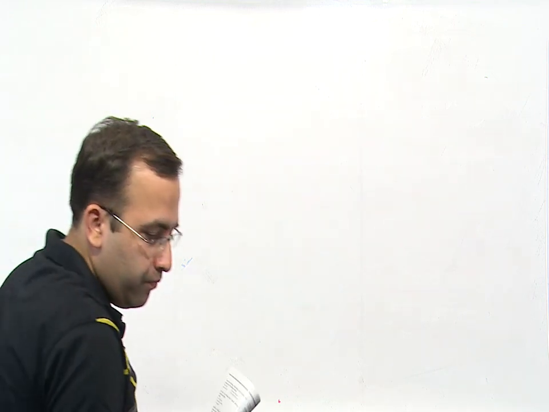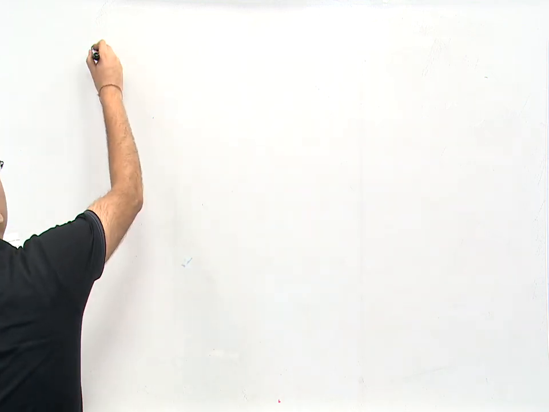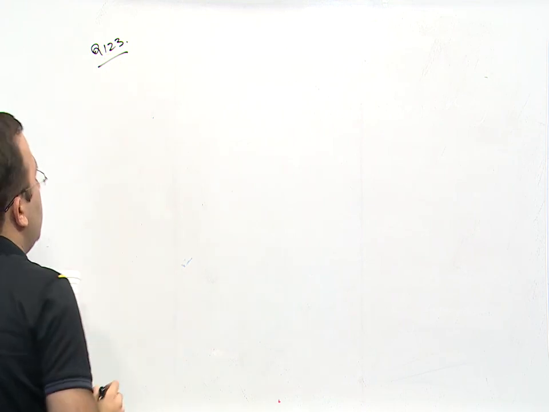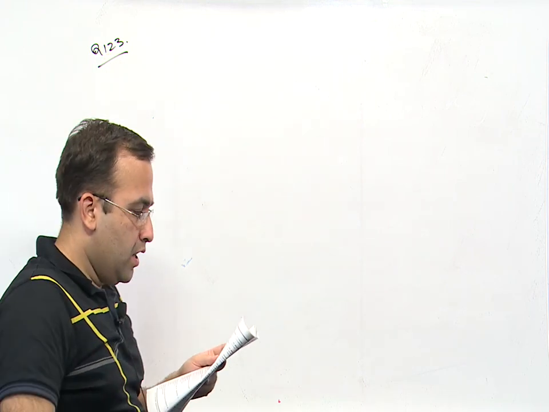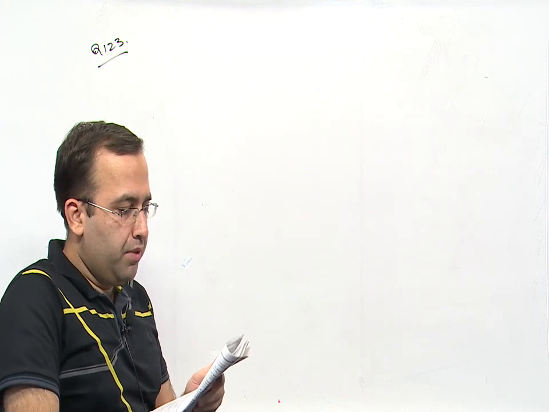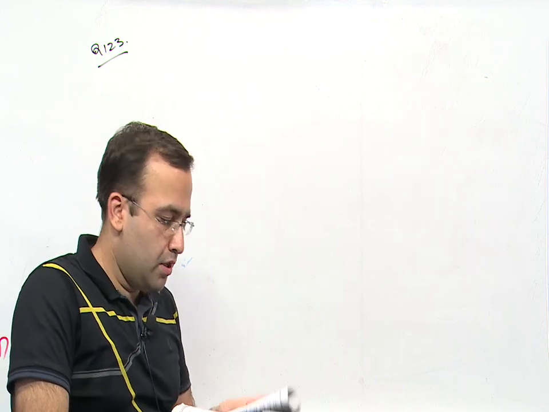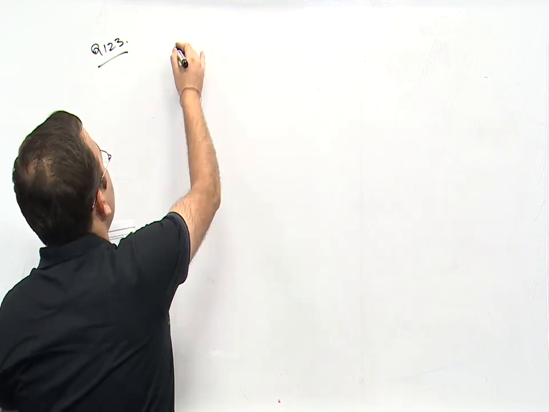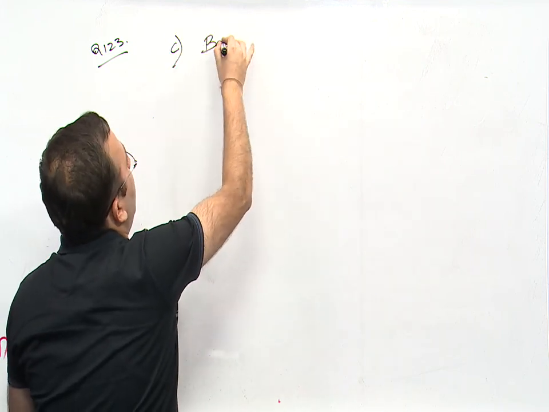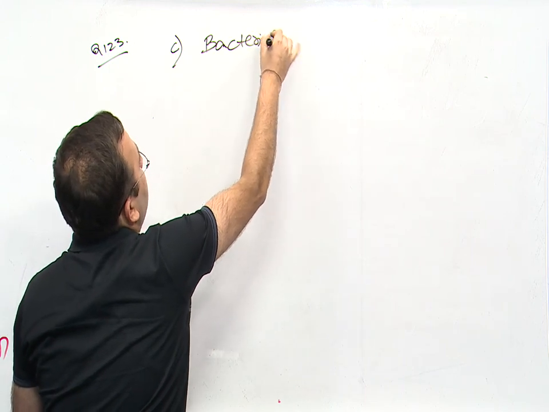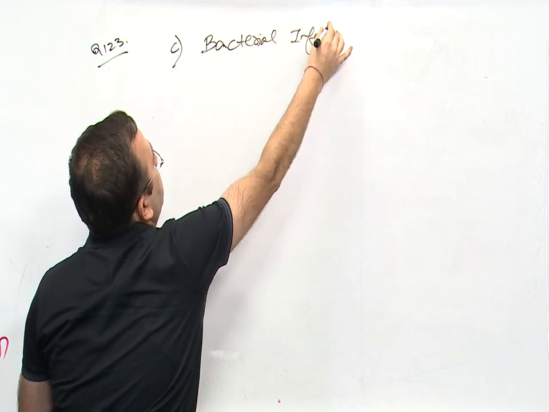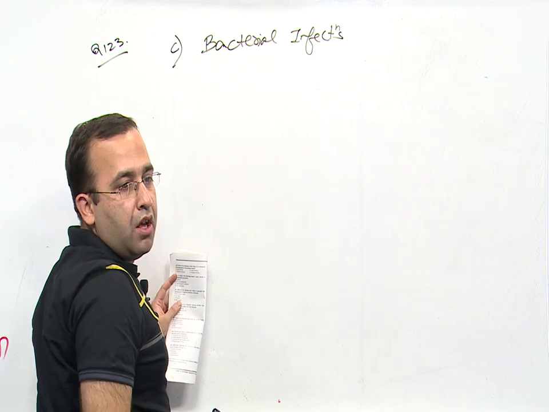This gets us to the next question, that is 123. Question 123, least likely to be accompanied by lymphocytosis. See, answer is C, that is bacterial infections.